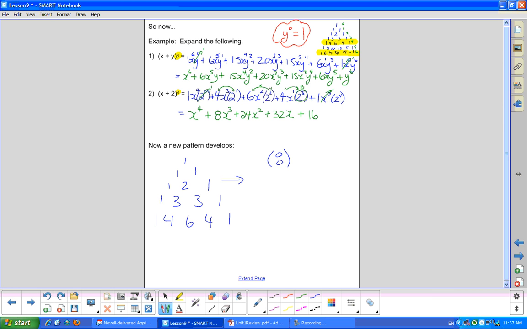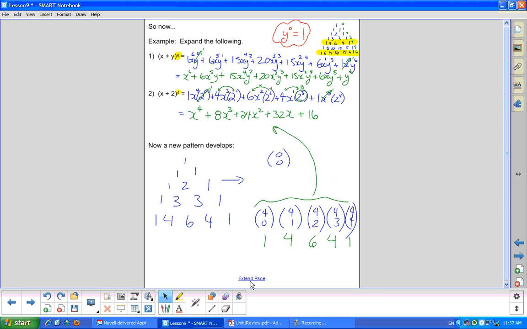I could have just, instead of looking it up or writing it out like I did in the top corner, written it as 4 choose 0, 4 choose 1, 4 choose 2, 4 choose 3, and 4 choose 4. Those numbers are the same as the numbers I used up here in the expansion. That is exactly what it is here for 1, 4, 6, 4, 1. So you don't have to use Pascal's triangle. You can use combination notation. Most people are going to have Pascal's triangle on their cheat sheets, so they'll probably end up using it.